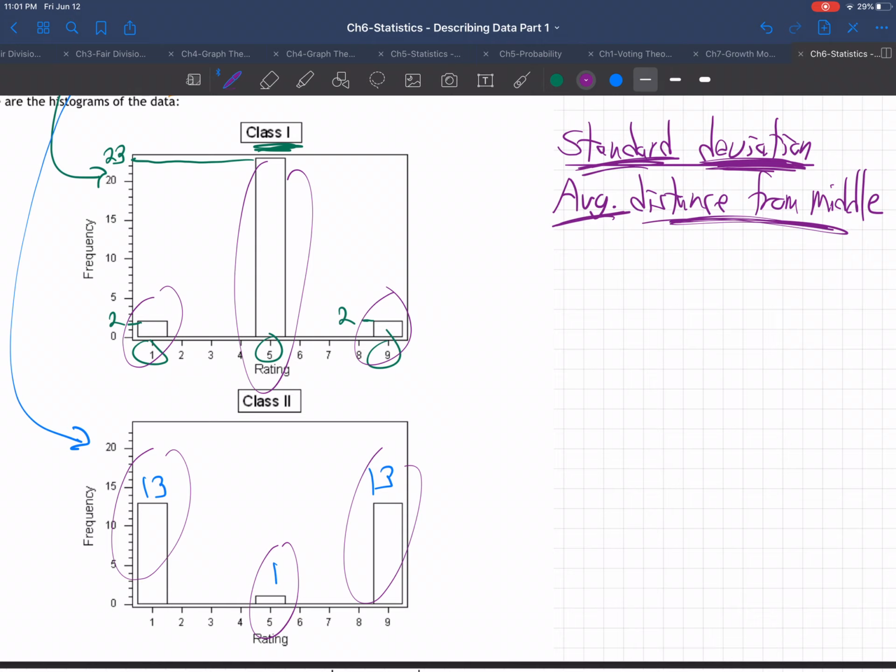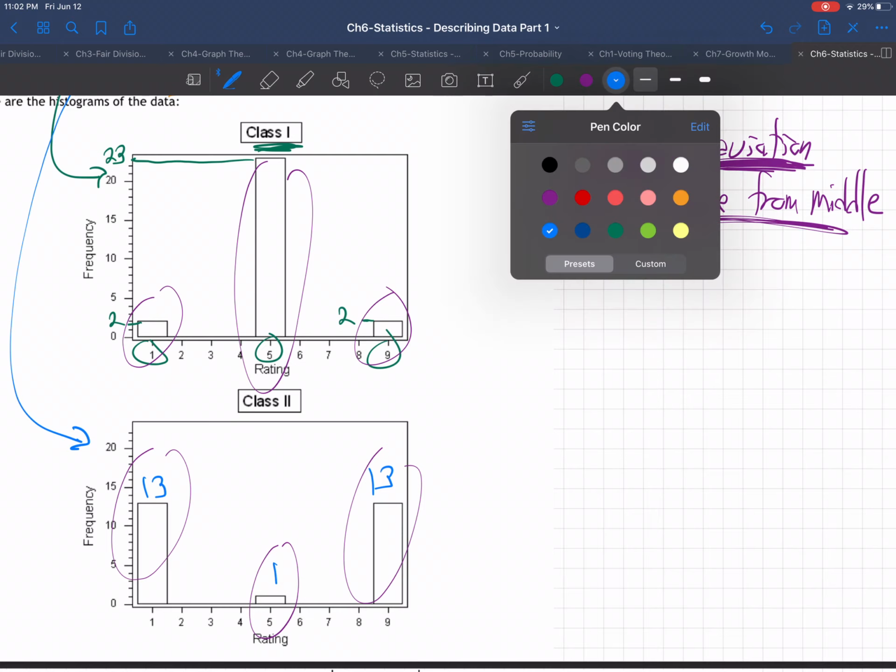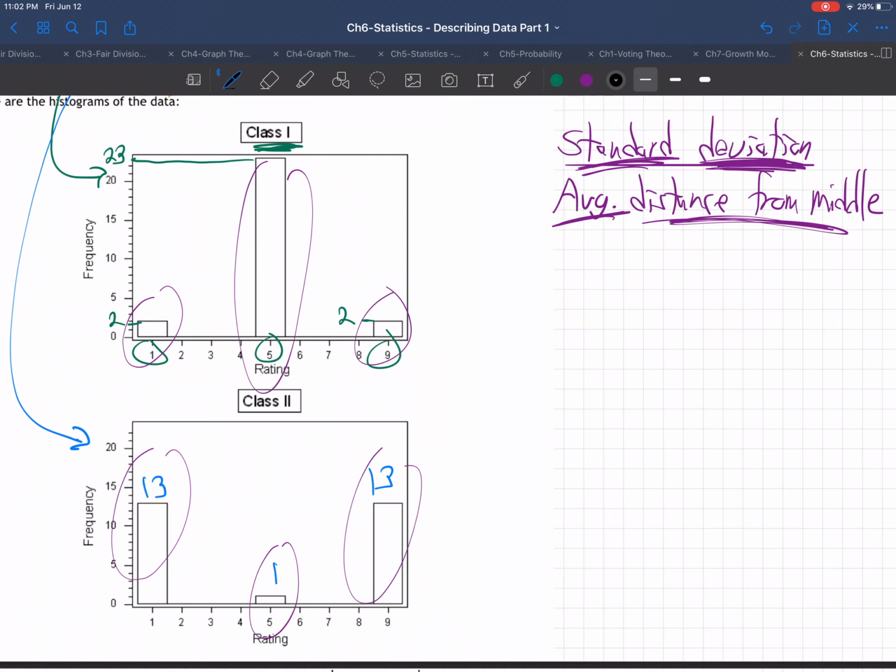So if the data is very spread out, that's going to equal a large standard deviation.